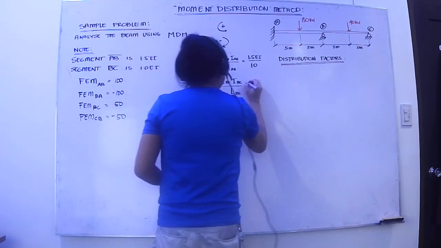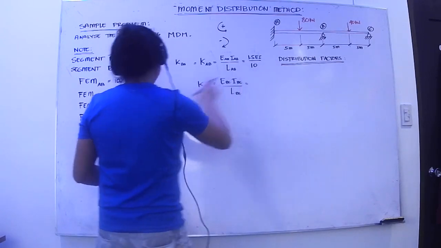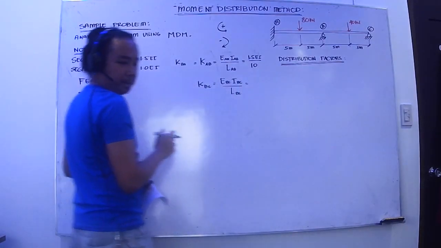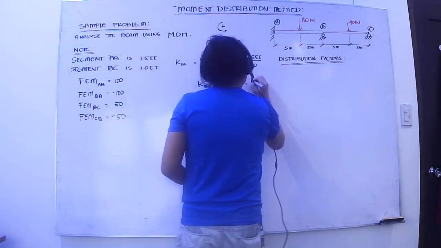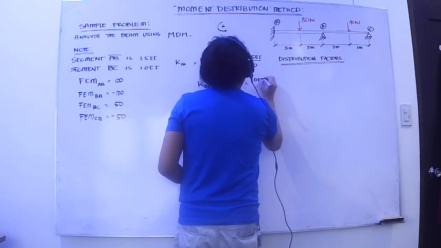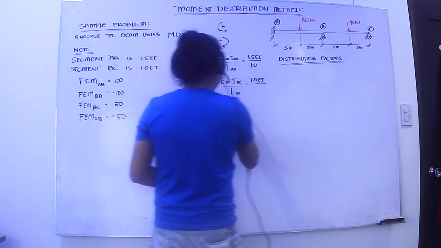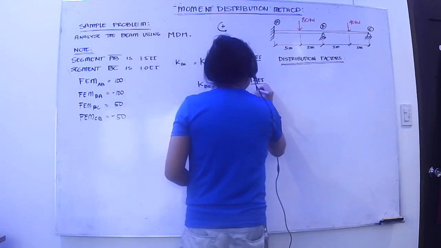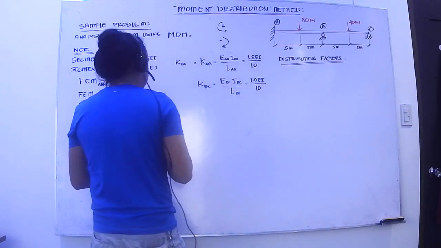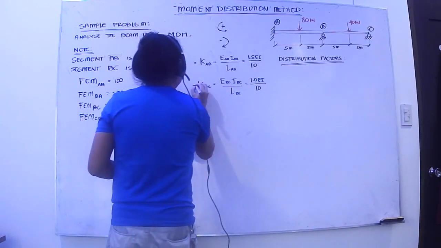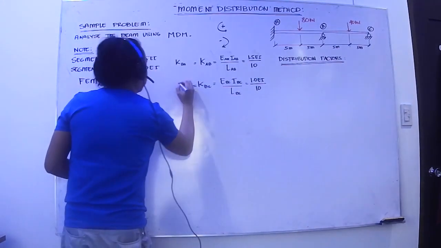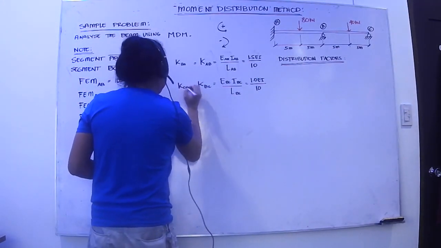For BC, the EI is just 1.0 EI and the length is 10. Consequently, that is equal to K CB.